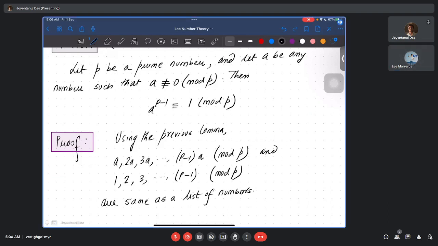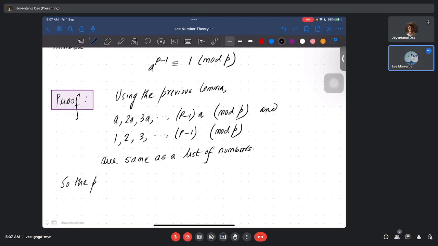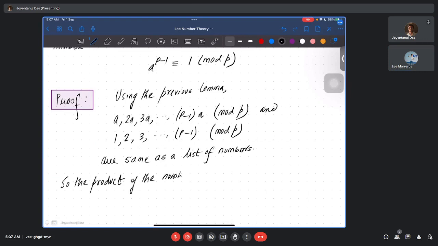So the product of the numbers in the first list is equal to the product of the numbers in the second list.